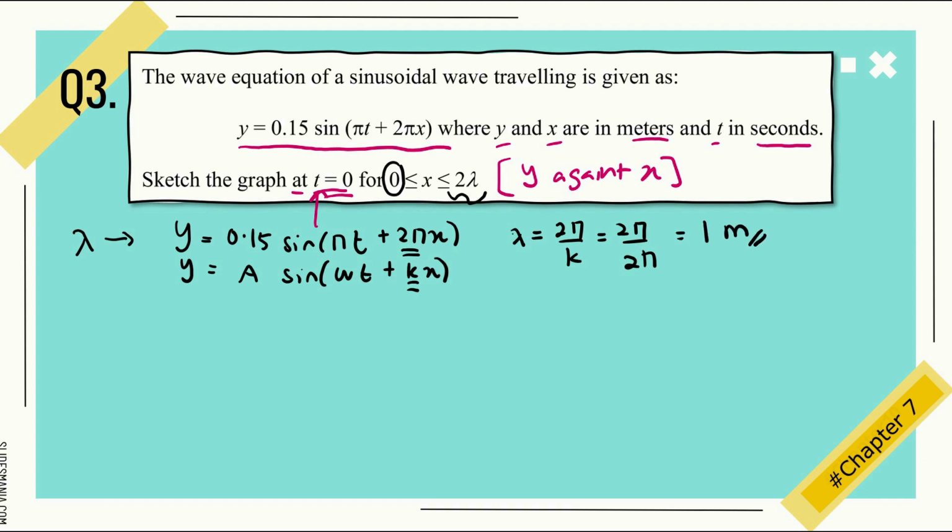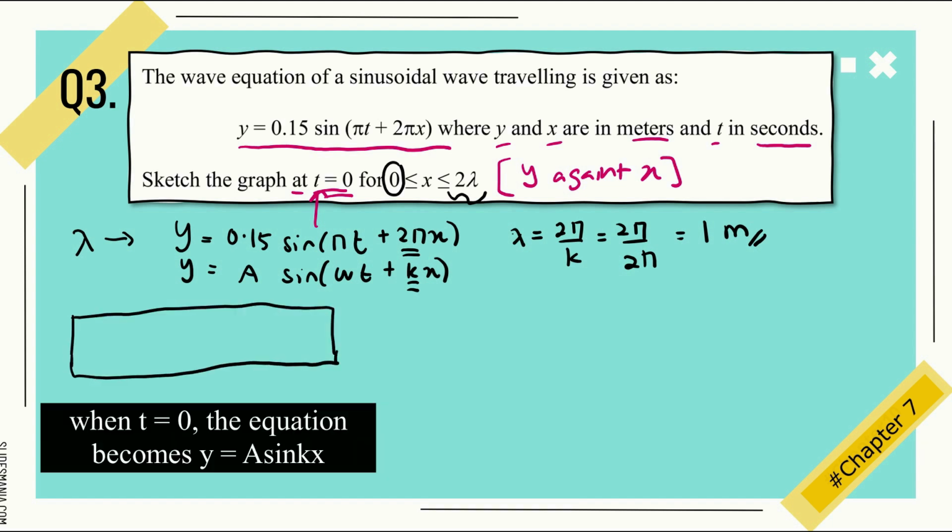To do the sketching, we normally have a table. In that table, we fill in the x and y values for at least one wavelength. Our wavelength is equal to 1, so we start with 0.